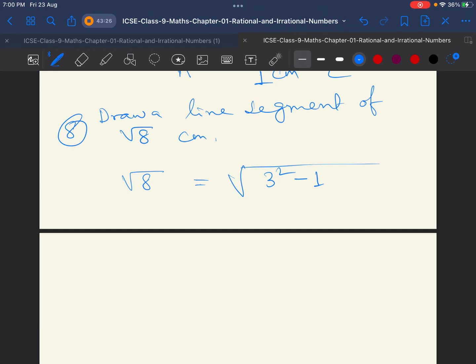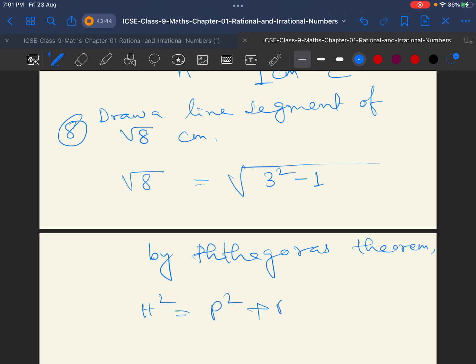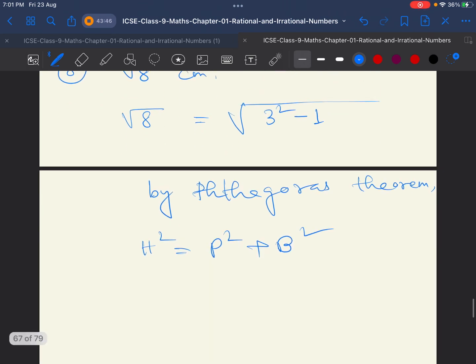By the Pythagoras theorem, we know hypotenuse square equals perpendicular square plus base square.